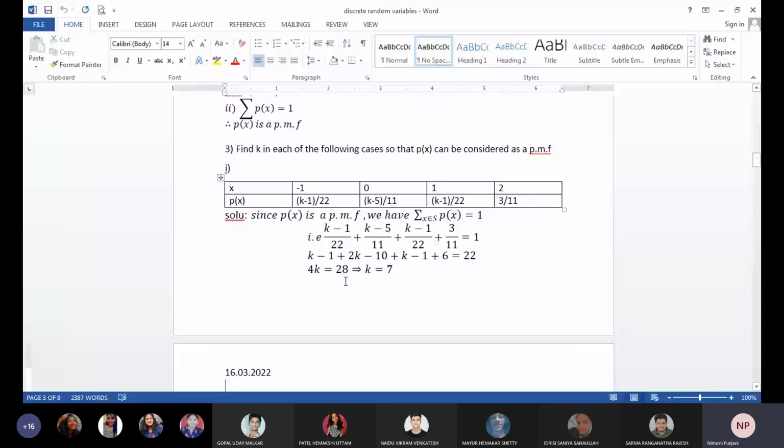The first example was to verify, that is, to check whether the given function is a probability mass function. Second was where P of x is given to be a probability mass function, and we are supposed to find out the value of k. We had done one example of that kind. Today we will solve one more example.